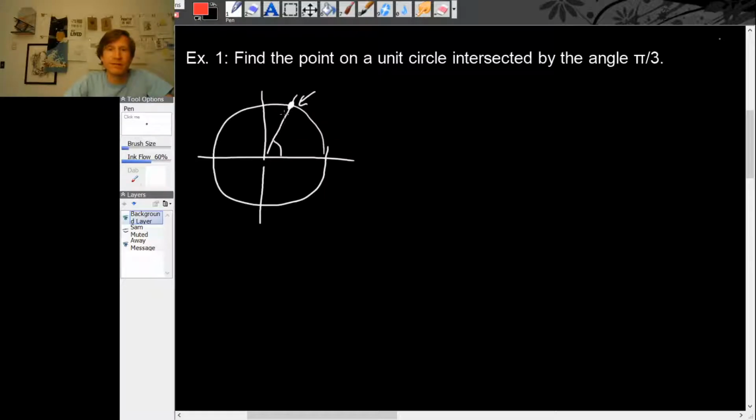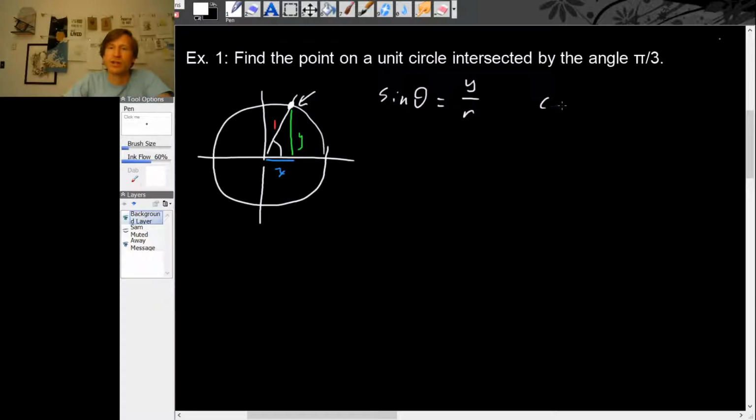And this is supposed to be in a unit circle, so that means the radius here is 1. And we don't know the x coordinate or the y coordinate here. Okay, so if you recall, the definition of sine of theta in a unit circle, or in a circle, is y over r.